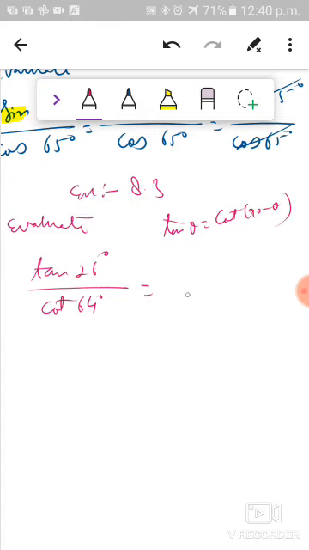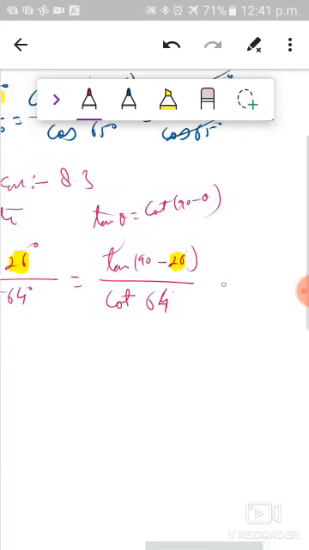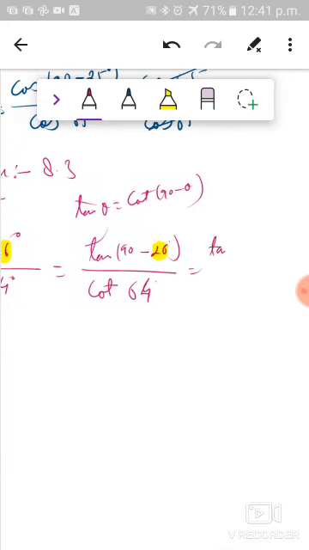So we'll apply it here on tan. This is tan, theta is 26, so that is tan 90 minus 26 degree. So this theta is 26, here also theta is 26 degree. Divided by, there is no need to change cot in the denominator, so that is equal to tan 90 minus 26, that is 10 minus 6 is 4, 64 degree.